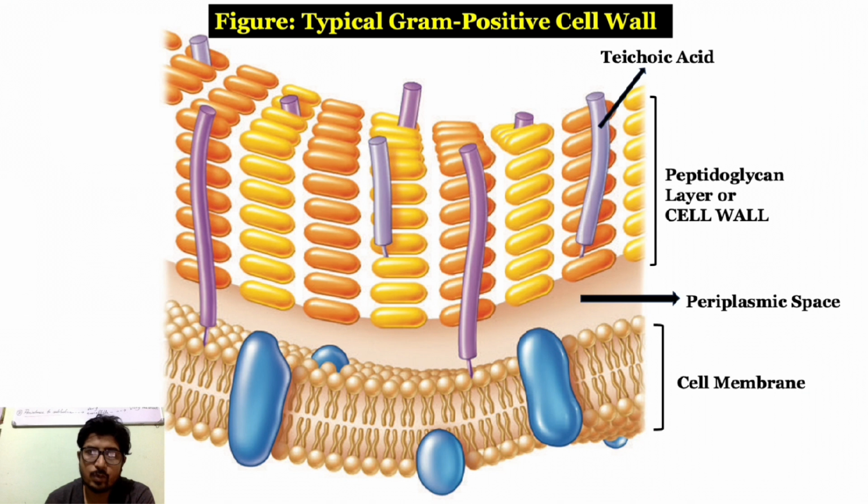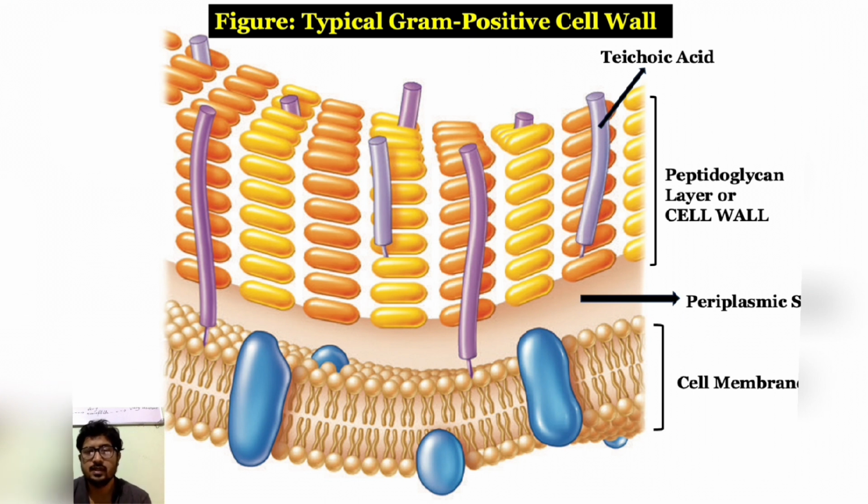These are NAG and NAM molecules, totally interlinked, and you can see this peptidoglycan layer is much thicker in this image, also much thicker compared to the gram-negative peptidoglycan layer.